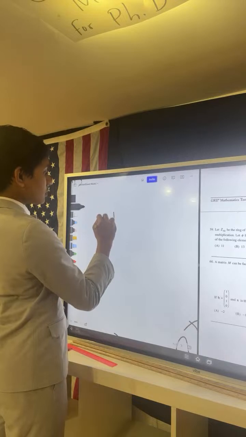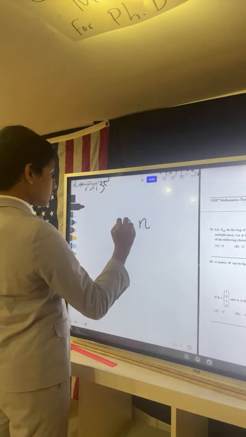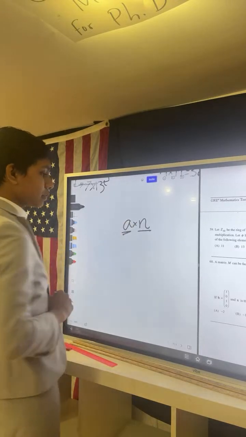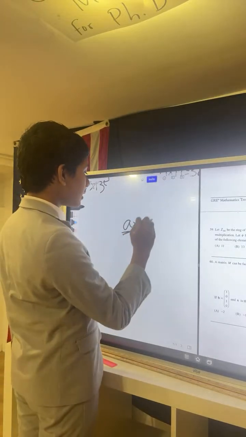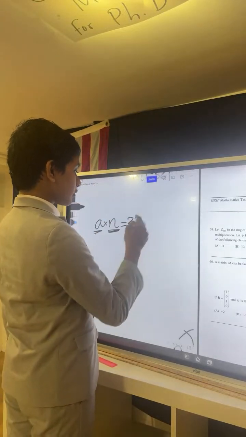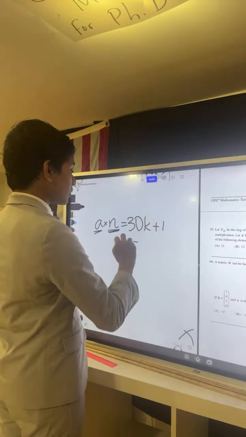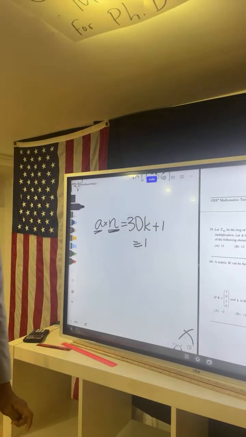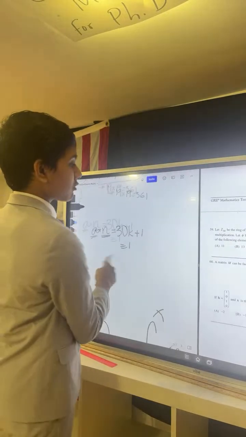You can form some integer below 30 multiplied by this number such that it's equal to 30 times some integer plus 1, which is congruent to 1. Alright, we're getting sidetracked.